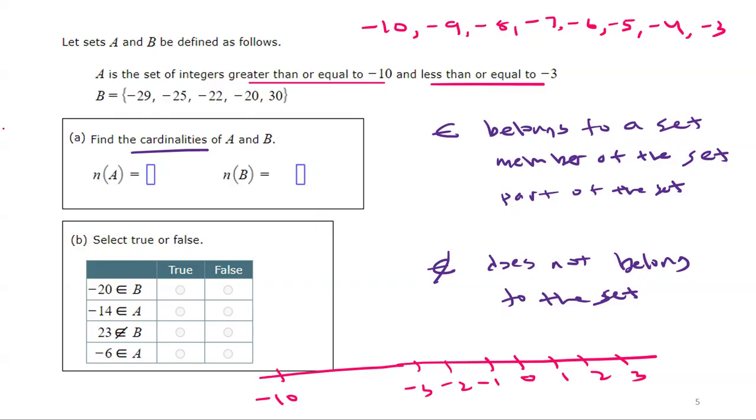Those are the set of integers that are greater than or equal to -10 and then less than or equal to -3. And then I can just write that in roster form by just putting those brackets there. So that's what this is saying. All right, and then B, they already told us what it is. So for the first one, A says find the cardinality.